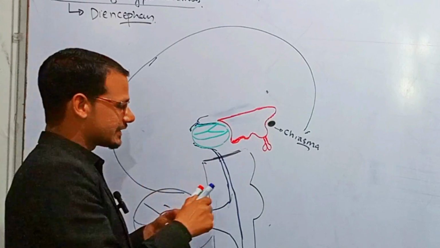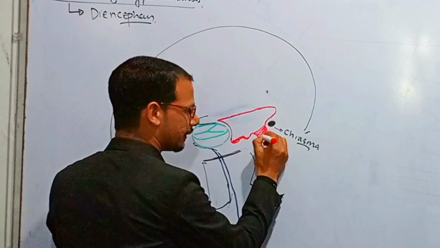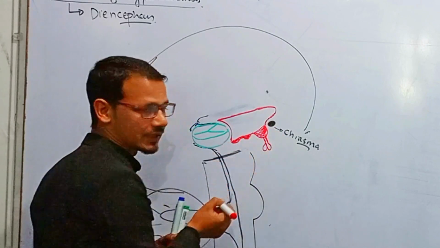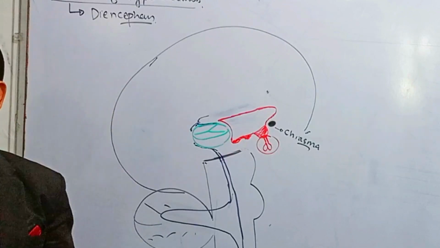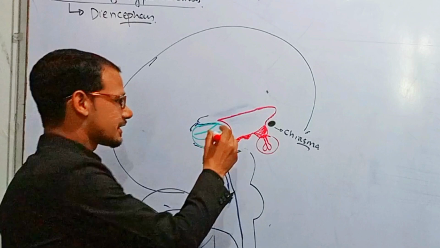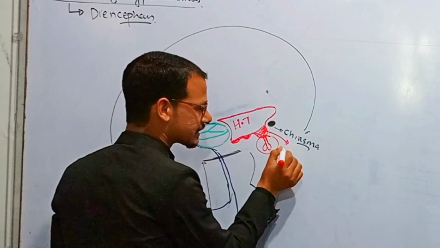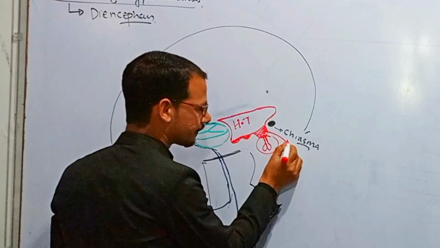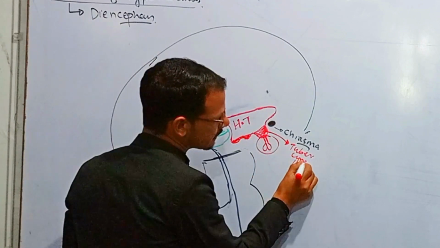Remember that this is part of hypothalamus. This is also part of hypothalamus, but these are not parts of hypothalamus. They are in direct connection, right? This is called the tuber cinereum.